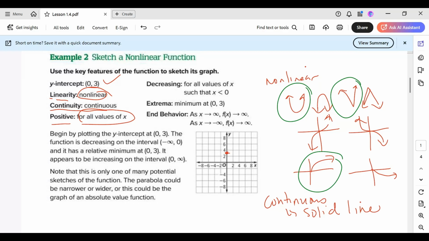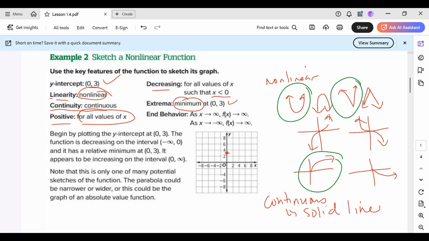Now the next part says decreasing for all values of x where x is less than 0. Then it says extrema, minimum, so our minimum value, our lowest point, is going to be at the y-intercept. Means our numbers have to be above it.